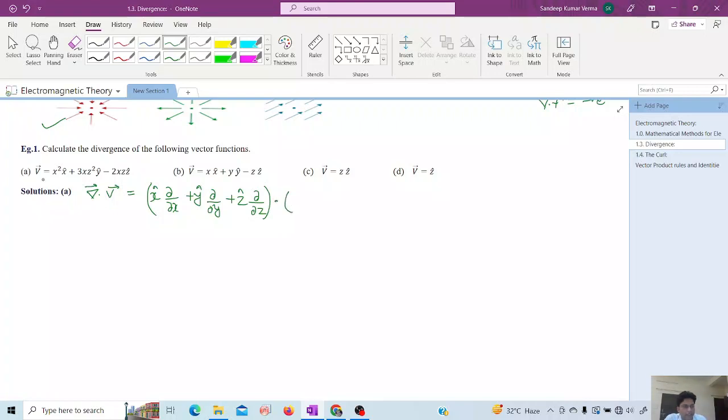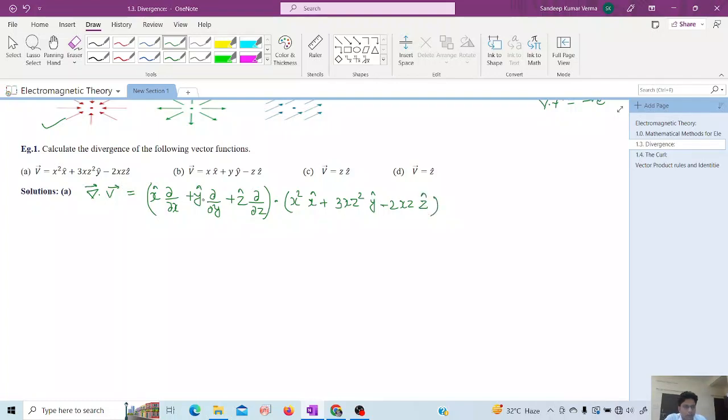First, I have taken example A: x square x cap plus 3x z square y cap minus 2xz z cap.